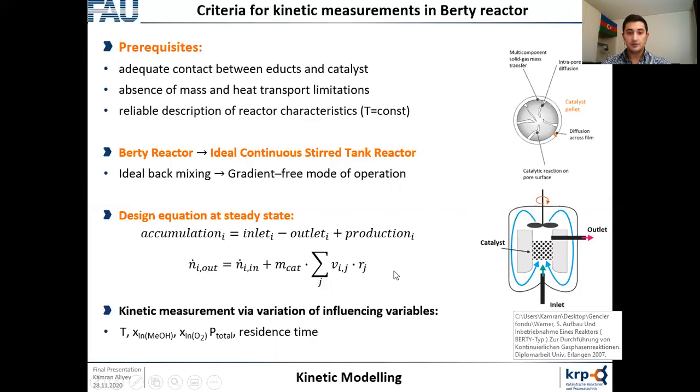This means that the reaction rate can be simply calculated from the mass balance, exactly as it's typically done for a continuous stirred tank reactor. So I collected my kinetic data by simply varying the influencing variables such as temperature, pressure, inlet composition, and residence time.